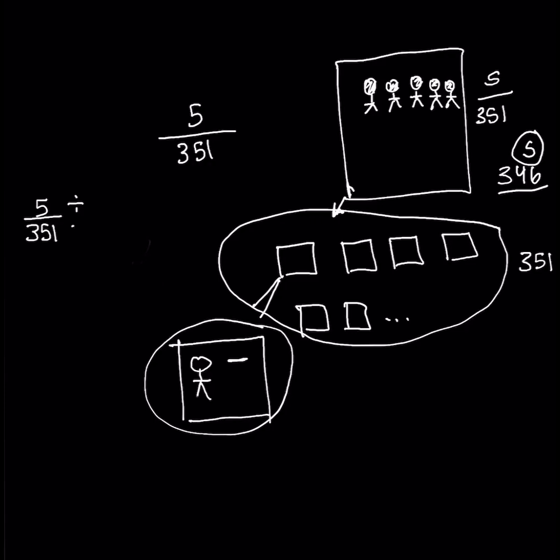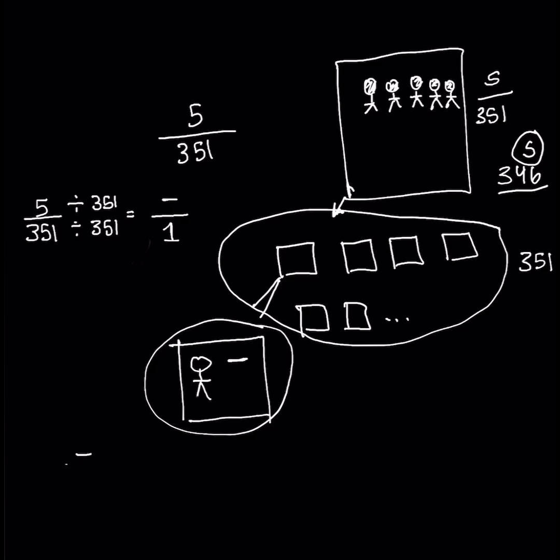We divide the top and the bottom by 351, and what we get is this tiny sliver over 1, right? So what that means is that each one of these groups contains a full person. So it's almost a full healthy person and a tiny sliver of a sick person. Okay? So we have this tiny sliver and the group has 1.